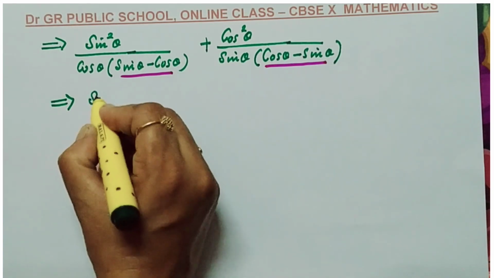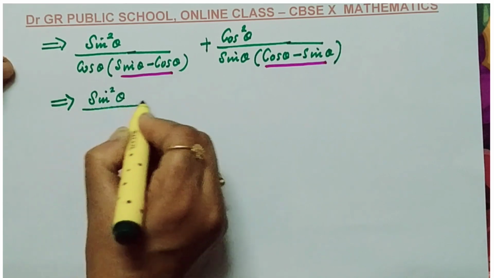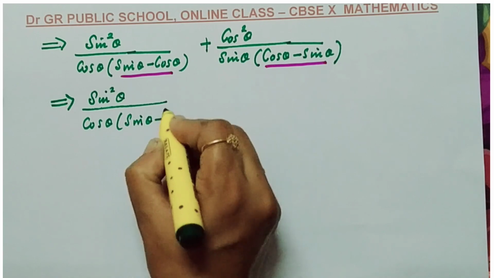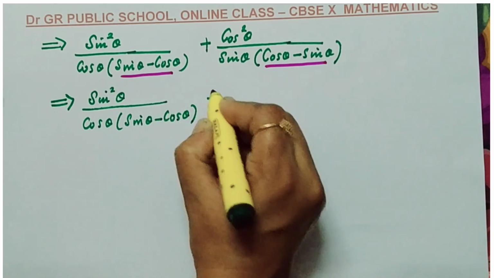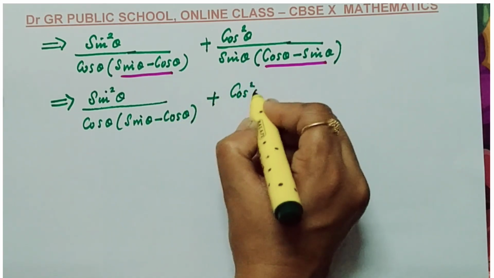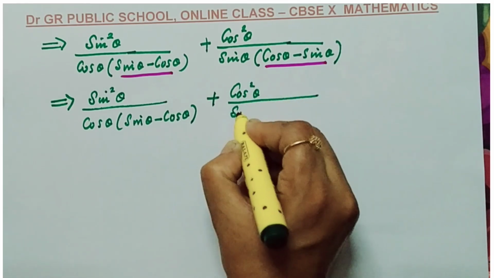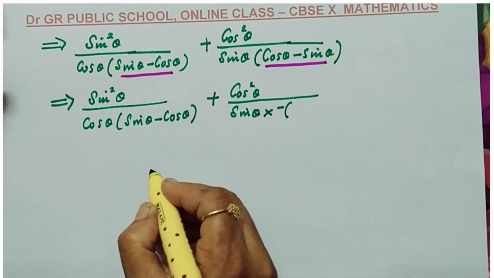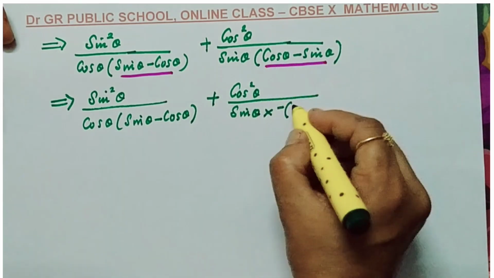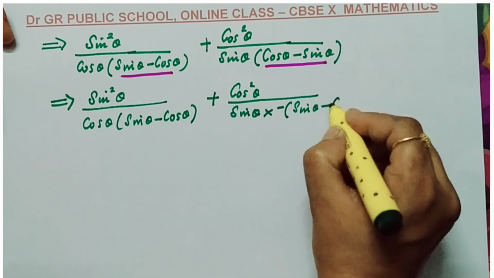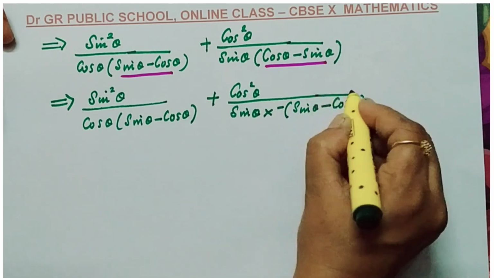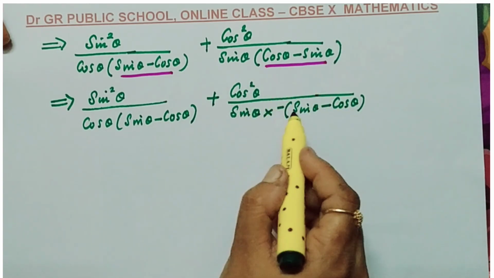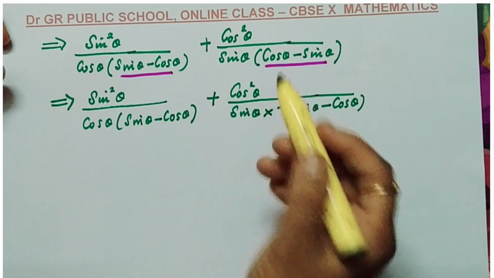Sin square theta by cos theta into sin theta minus cos theta plus cos square theta by sin theta into, outside I am going to take a minus, so that this minus term becomes plus and the plus term becomes minus. You know that when taking a minus sign the terms get reversed. So now checking inwards, minus sin theta, correct, plus cos theta.